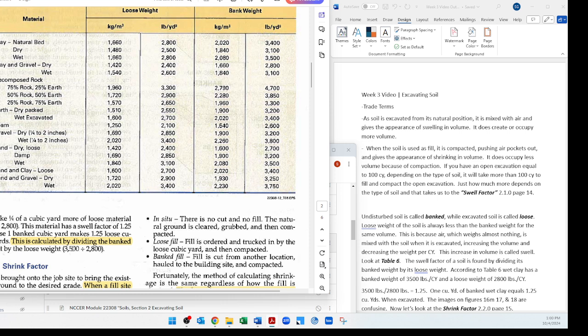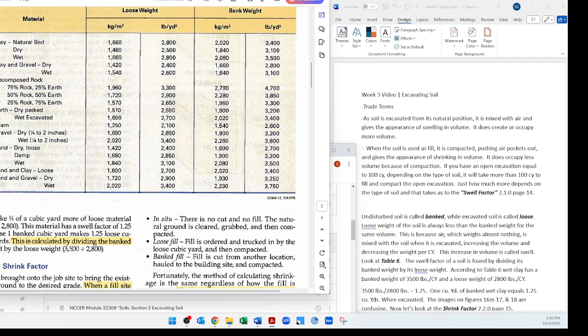Here's an example, 3,500 divided by 2,800. So that's 1.25.